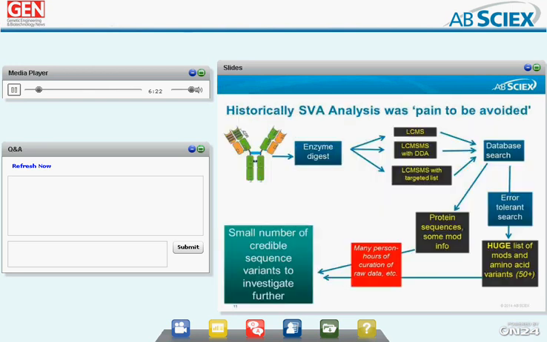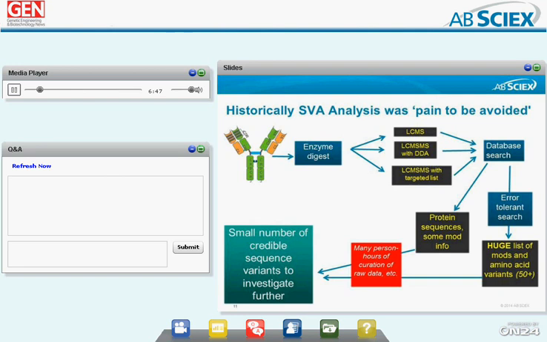Now, we are all familiar also with how databases were used, and sequence variant analysis is also applicable here. So in the past, people would do an enzyme digest of their protein or their therapeutic of interest or of a number of proteins together, and you'd do a database search to see what you could match. And from those matches, you would build out a protein identity.